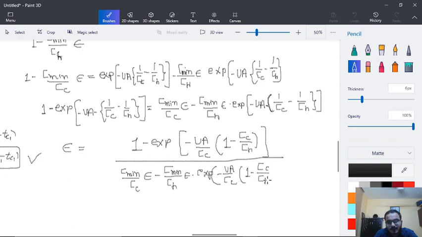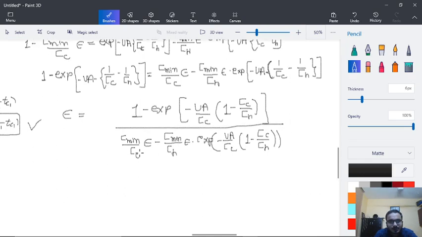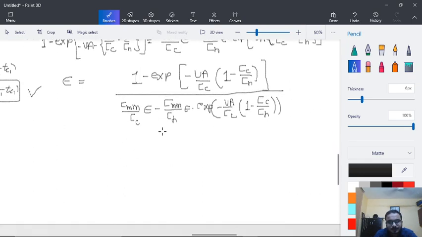So here we will assume Cc to be minimum. Let Cc to be equal to C minimum.